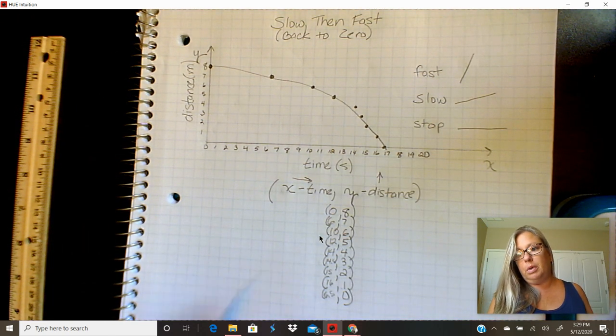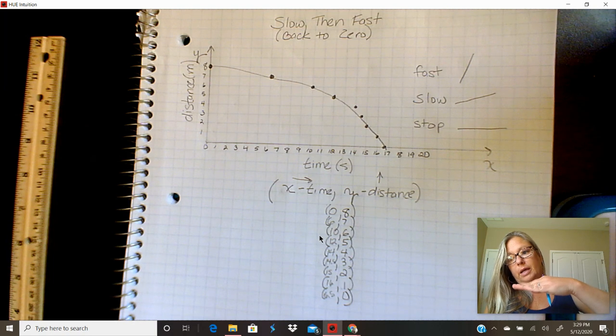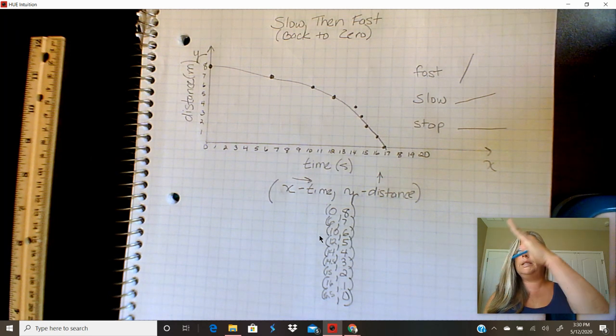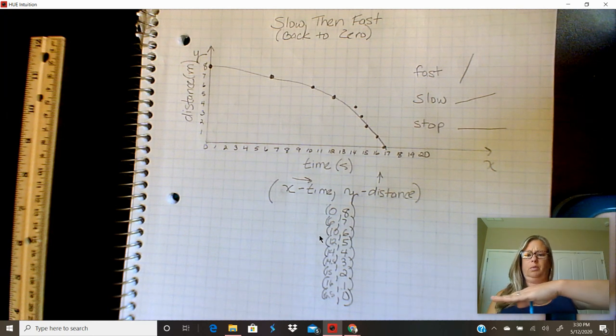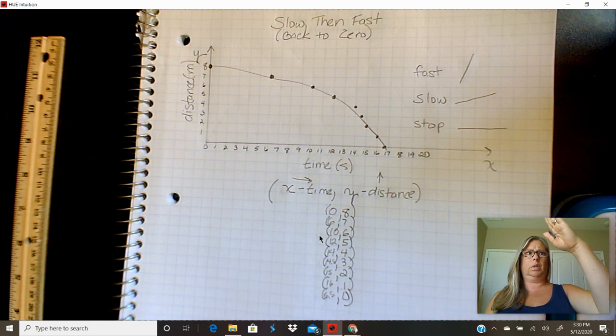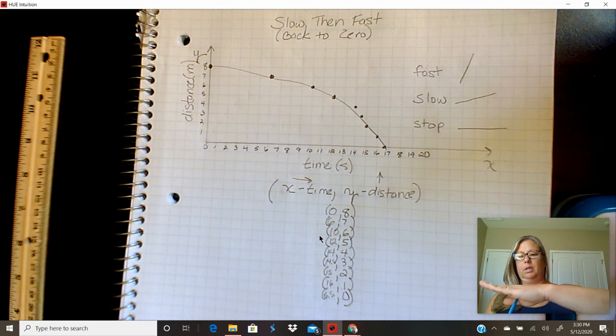So keeping in mind that the flat horizontal helps you remember that a little bit of a slope is a slow speed because it's not that far off from stop. Slow, stop, slow, stop. And a very steep diagonal lets you know that you're going fast because it's very far away from a stop. Woo, right? That's fast, that's stopped, that's slow.